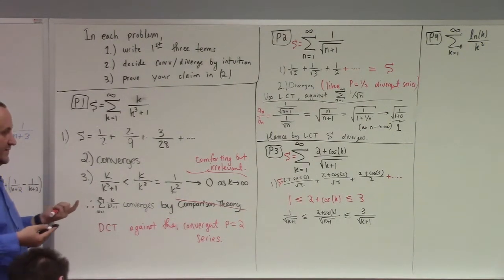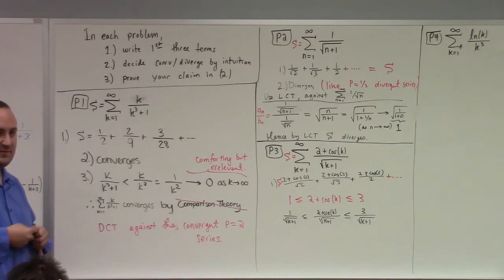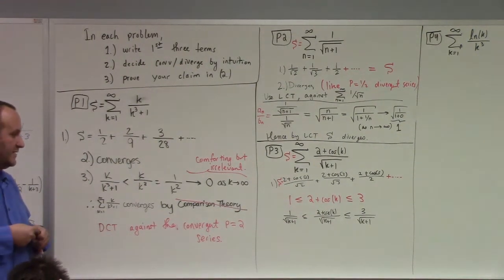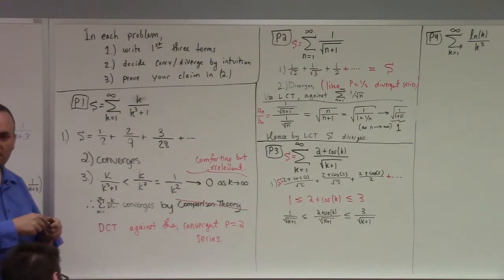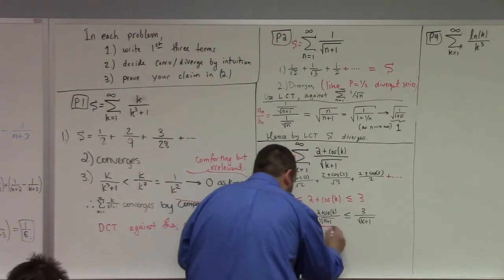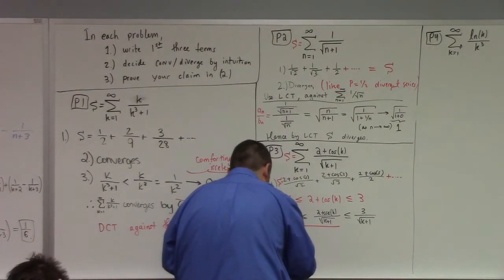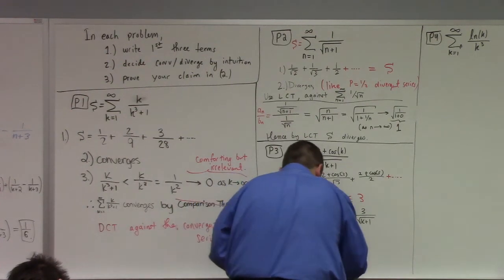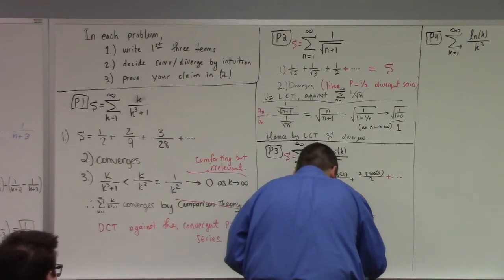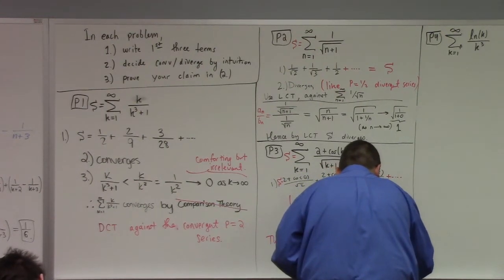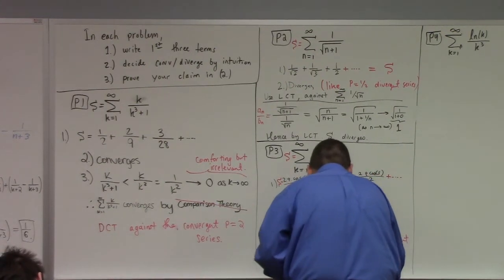The upper end, the 3 over square root of k plus 1, true, but irrelevant. What's mission critical here is the lower inequality, right? So thus S diverges by direct comparison test to the divergent p equals 1/2 series.